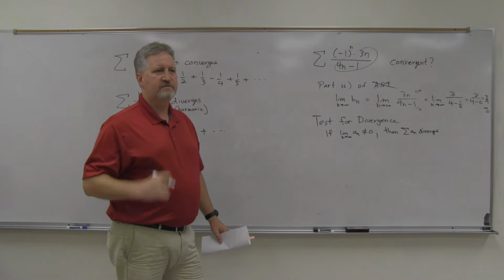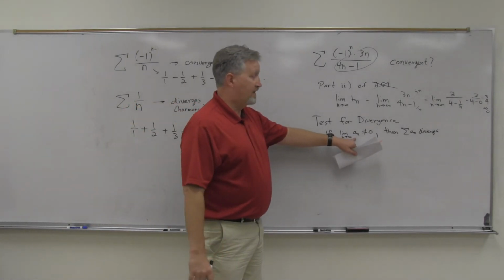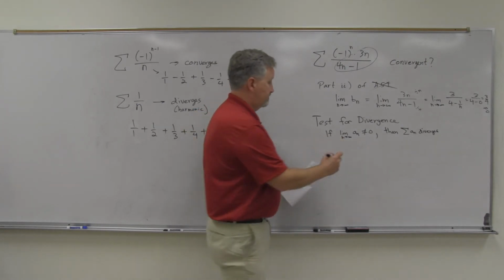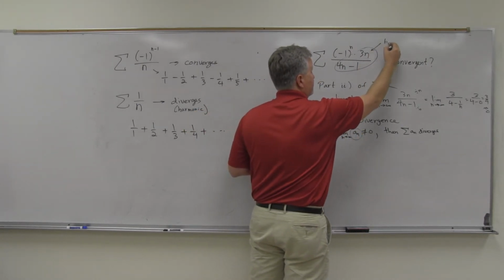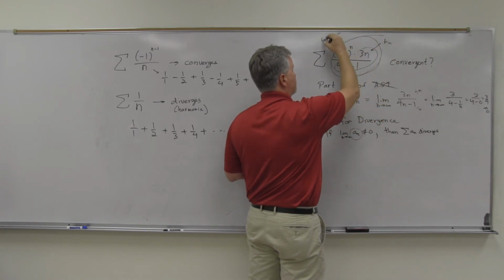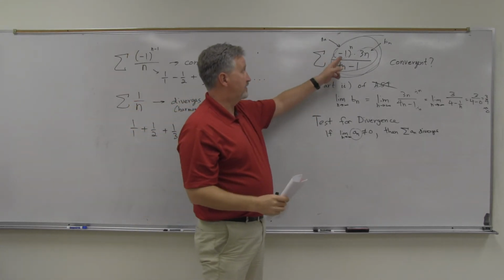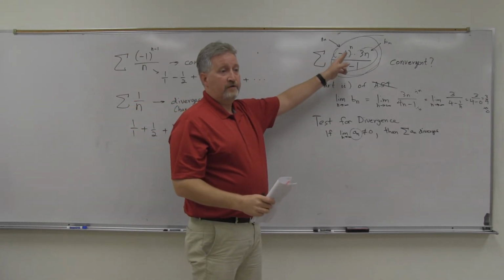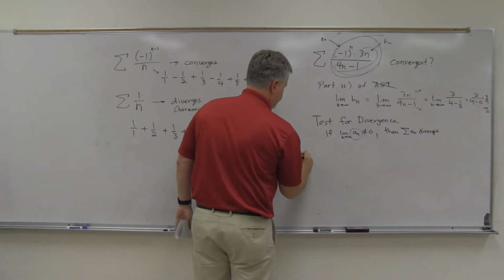Are we going to have something like that here? Now, we are going back to the a sub n. That's b sub n; the whole thing combined, that's a sub n. So I'm going back to the whole thing now, and for a sub n I would include the negative 1 to the n. You see what I'm saying?